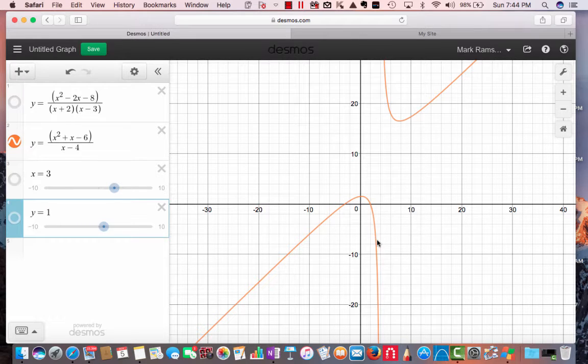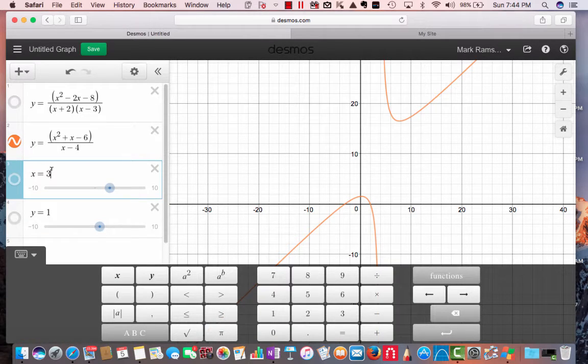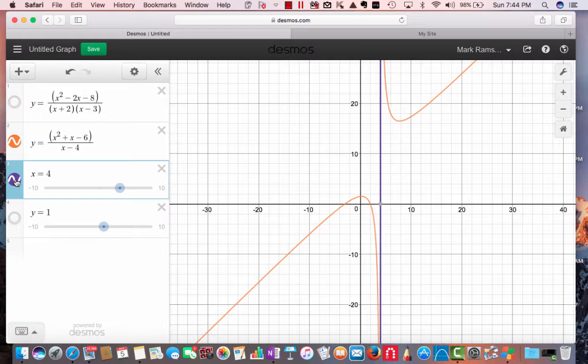And as we said, there was going to be a vertical asymptote at 4. So I'm going to change this to 4, and we'll graph it, so there you can see the vertical asymptote.